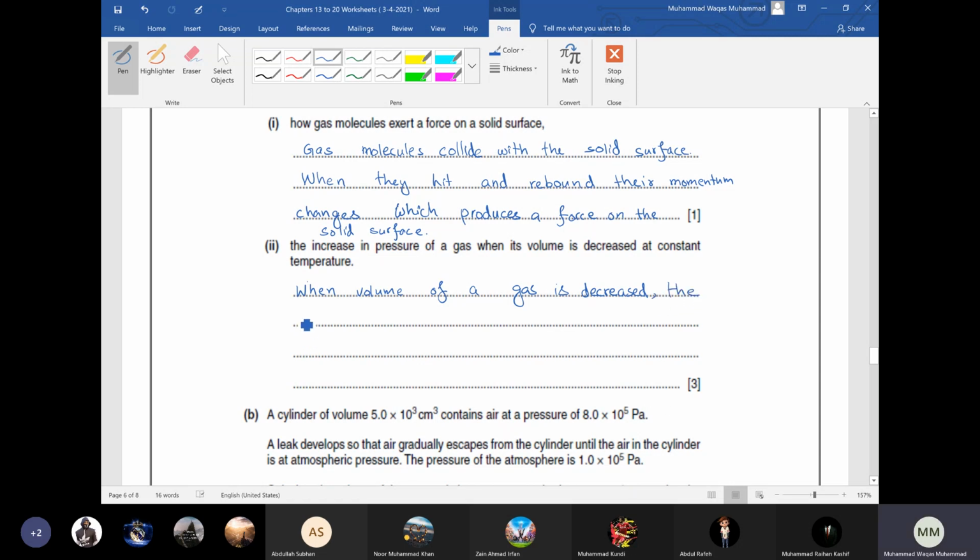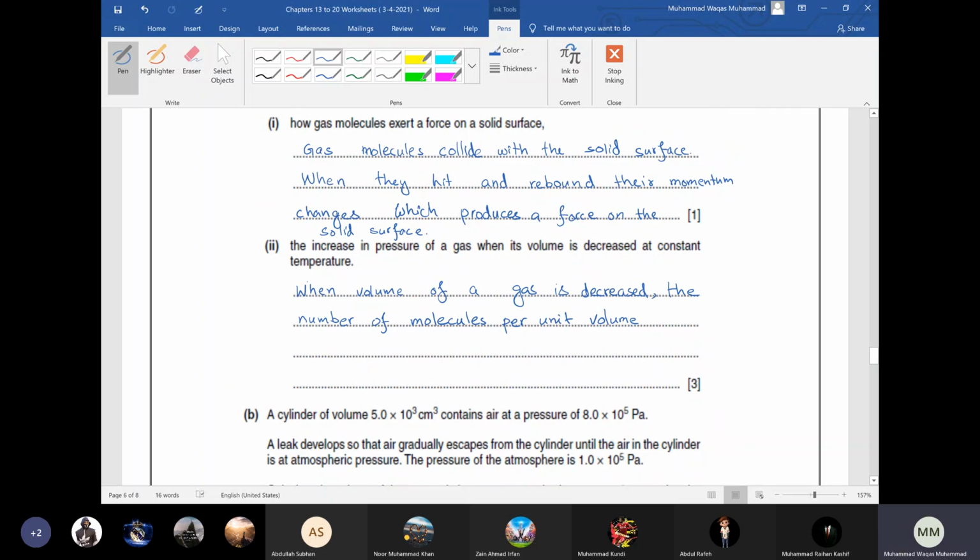the number of molecules per unit volume.